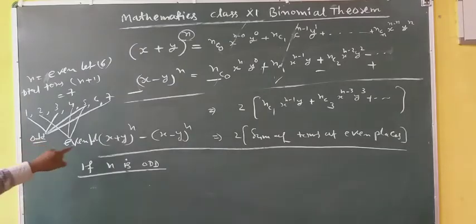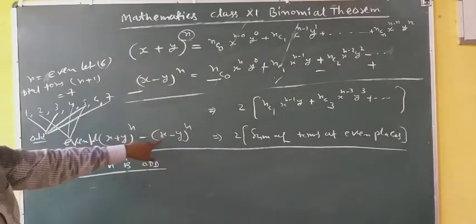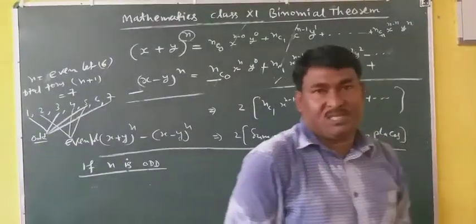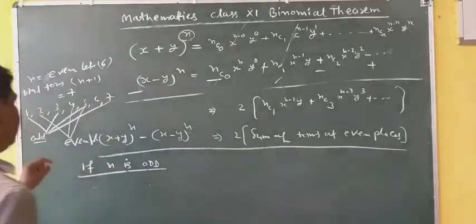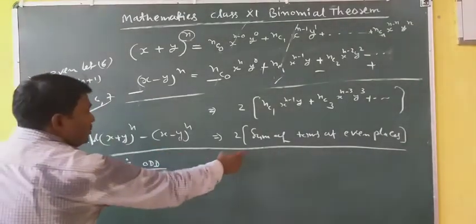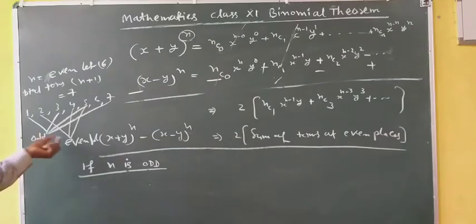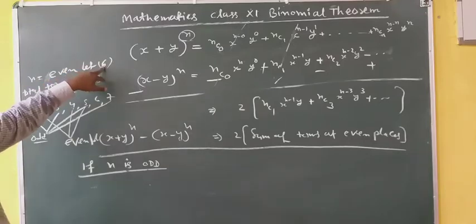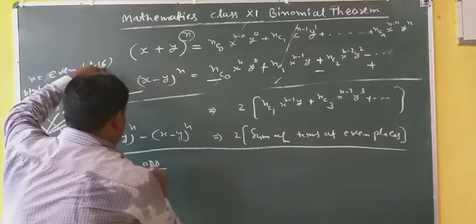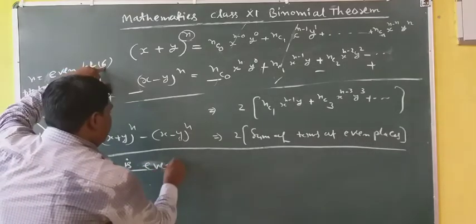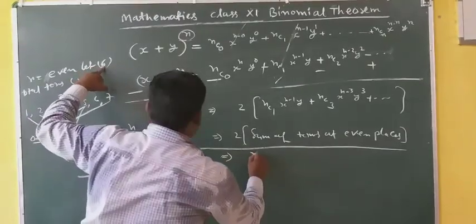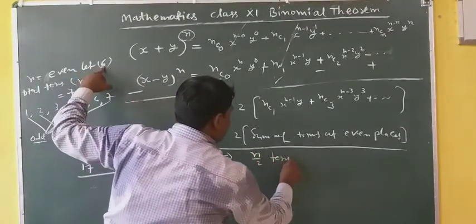So in the expansion of (x plus y) power n minus (x minus y) power n, how many terms? Sum of terms at even places. At even places means in the expansion of this, only those terms will come which are at even places. So if n is 6, which is even, then here there will be n by 2 terms.